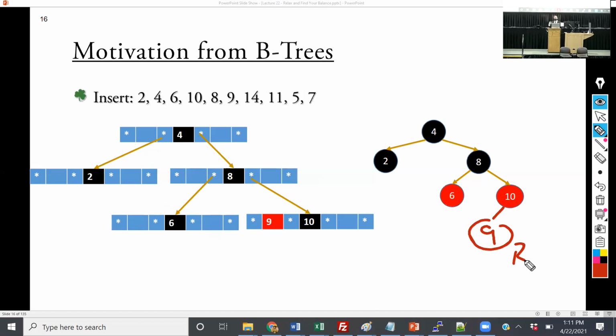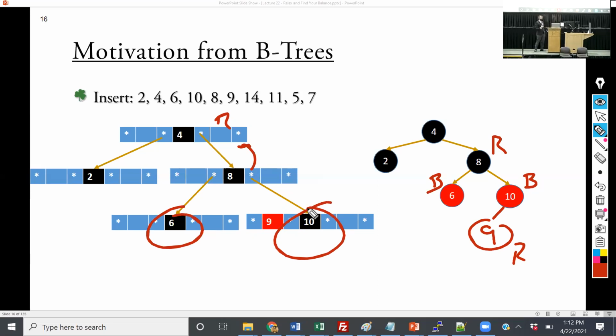In this particular case, we're going to be able to get this relaxed balance. This follows up on the question from a little earlier and meets my requirement: if 8 comes up here and becomes red, this is going to turn red, 10 is going to turn black, and 6 is going to turn black. Does everybody see that?